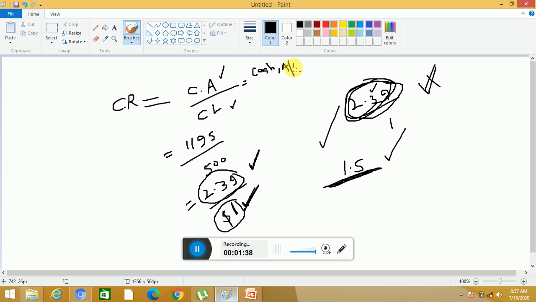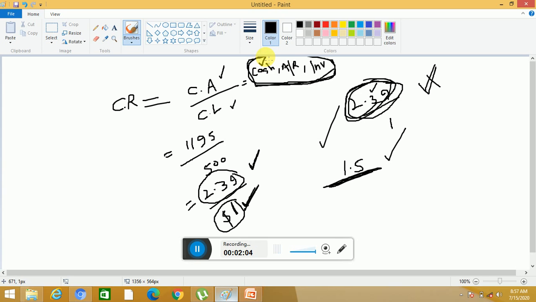So I am writing account receivable shortly, and inventory, and other prepayments, meaning advance payments. Current assets consist of these main items.